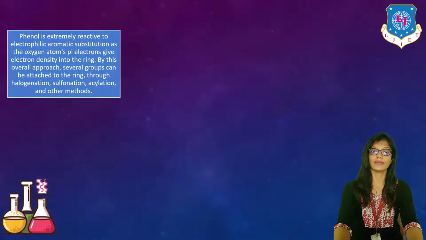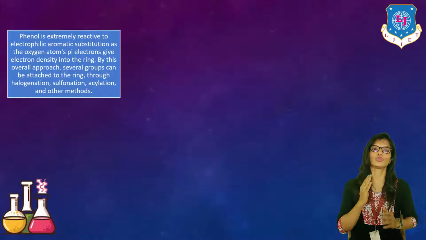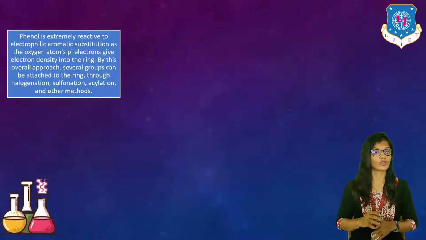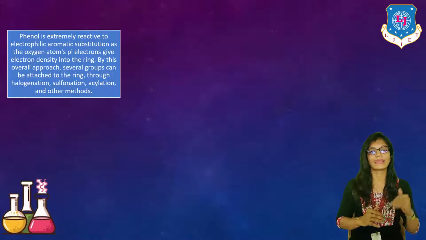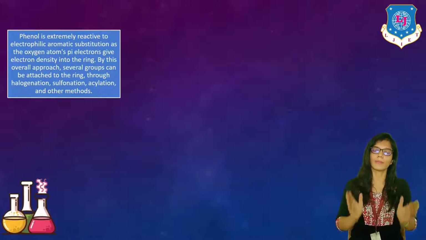So it can be said that it will generally follow the electrophilic substitution process, or basically the electrophilic aromatic substitution process. So in general, in a substitution reaction, what we will do is we will insert one group or one atom and we will remove another group or atom from that compound.